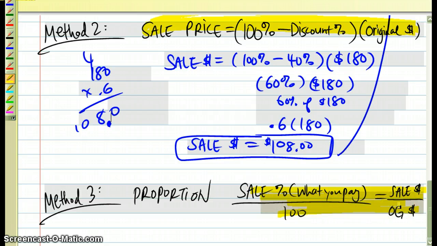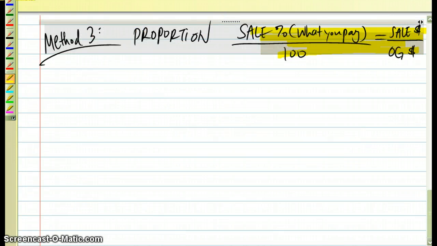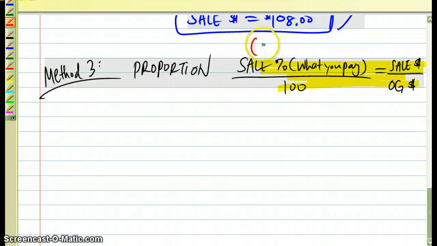Okay, so what I'm highlighting here throughout the video, and you can go back, rewind, pause as you need to, are just either equations or proportions, the way you can set up your problem. So for this proportion in this question, the sale percentage will always end up to be 100% minus your discount percent.